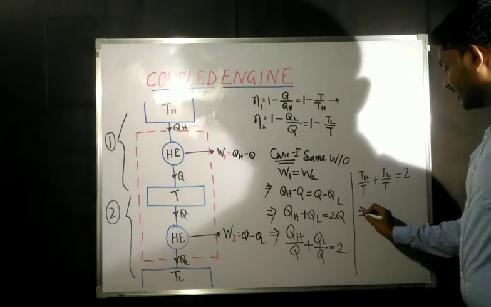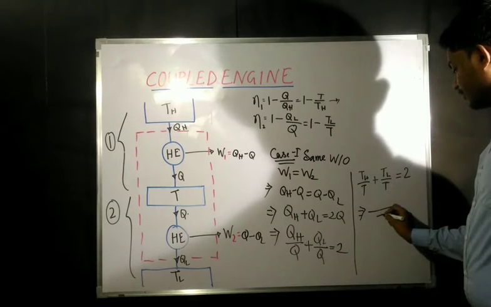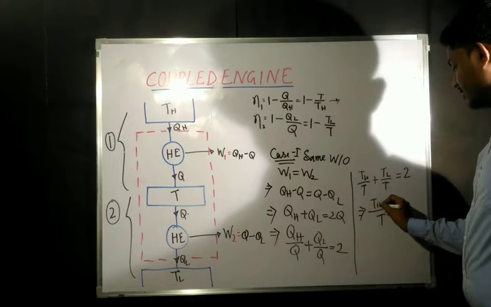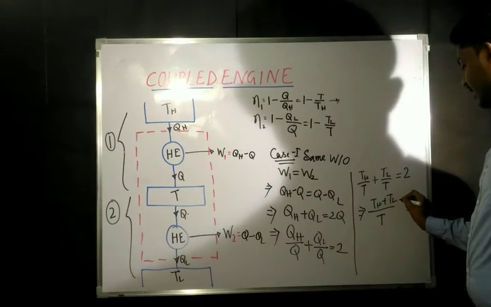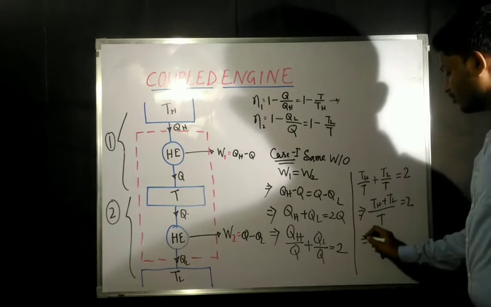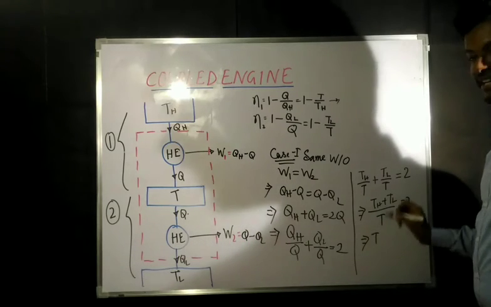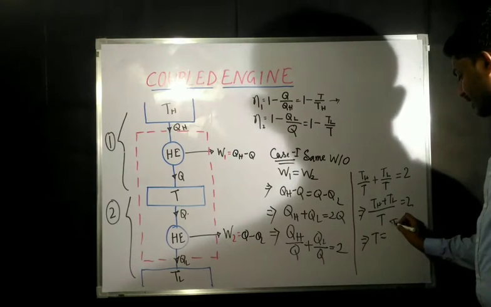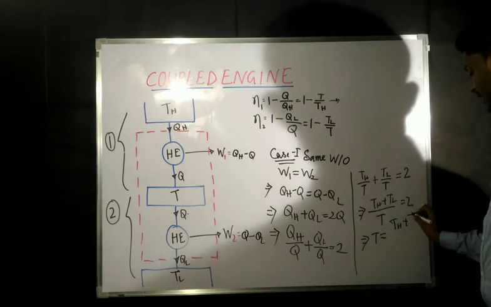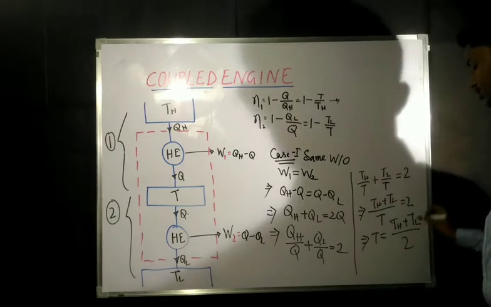Now if you take the LCM, what happens? TH plus TL over T is equal to 2. Now from this, if you need to find T, you will get T equals TH plus TL divided by 2.